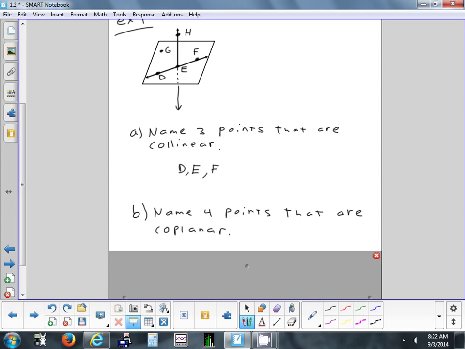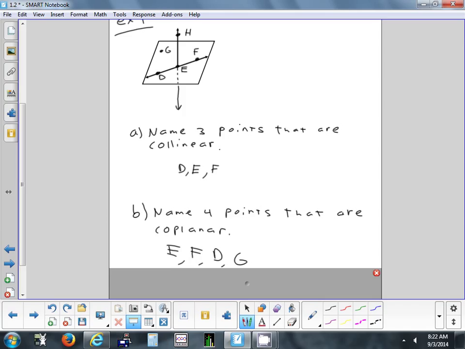And then F, you said? Yeah. Okay, that's 2. Need 2 more. D, G. Yep, D and G. Perfect. The order you list them in isn't overly important. Alphabetical order might be nice, but that's fine. And those are the only 4 points that are coplanar.